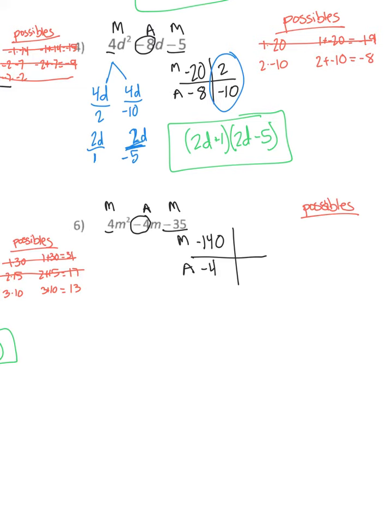Alright, let's list our possibles here. So if we have a negative for our multiplication, that means one number is going to be negative, and if our addition number is negative, that means the bigger number is going to be negative.